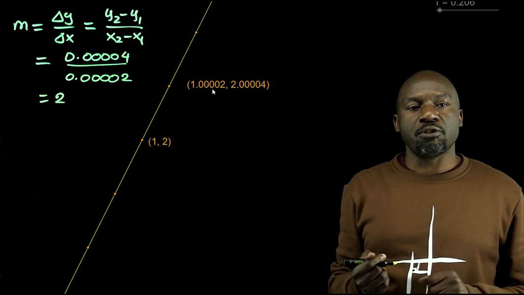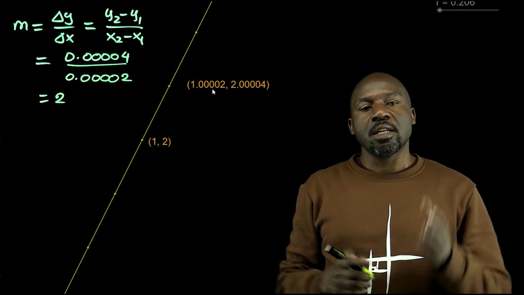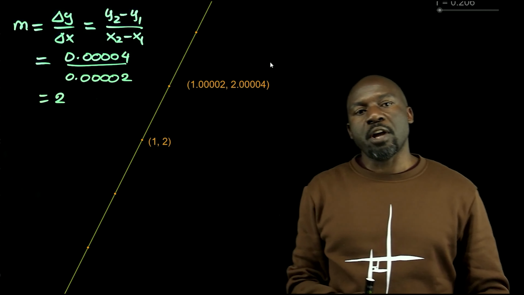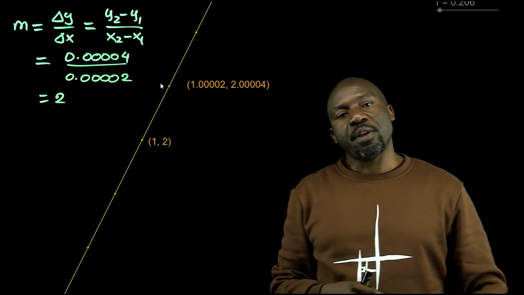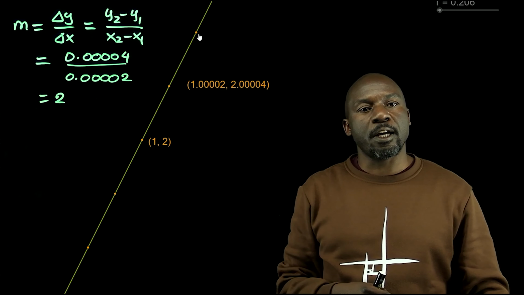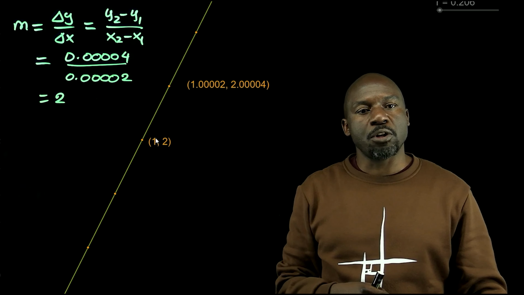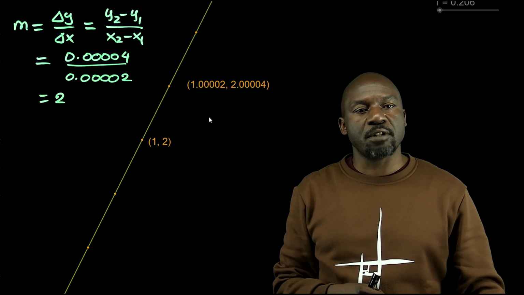I could find that gradient by using another point or 2 other points. Since this is a straight line, the gradient that I get should be 2, whether I'm taking this point and that point, or if I pick a completely different point like this and that. So if I pick this point, for example, I'm going to use 1, 2 because it doesn't have decimals on it.